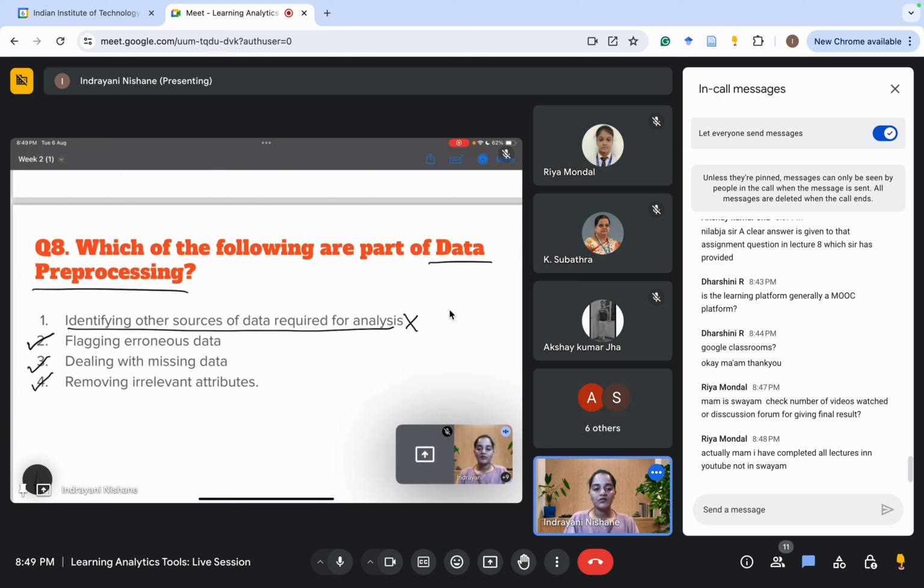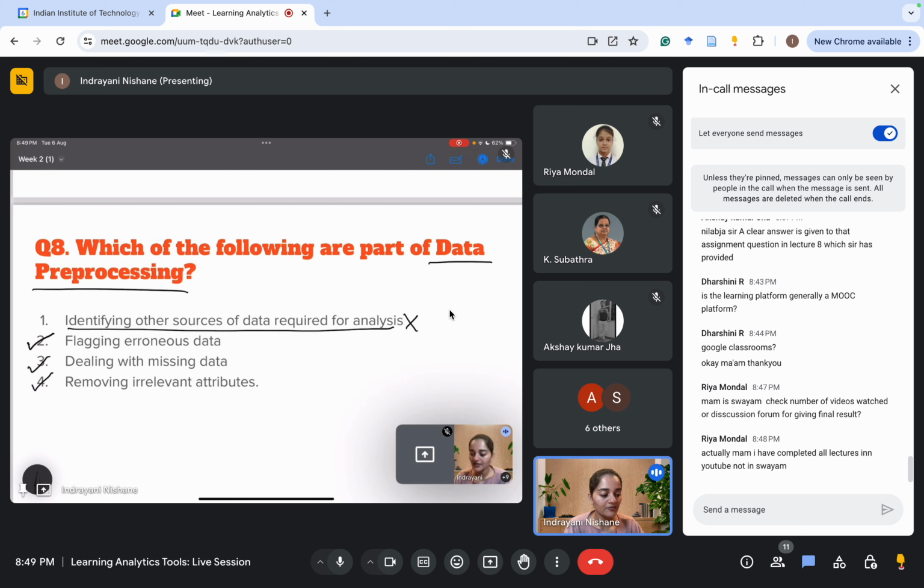So it is something you do in between, before you begin your analysis, but after you have completed your data collection. The first statement is identifying other sources of data required for analysis. This is part of planning the study, and it doesn't come after you have already collected the data. So that makes this option wrong.